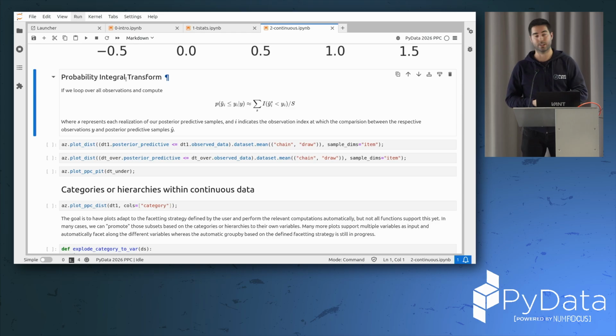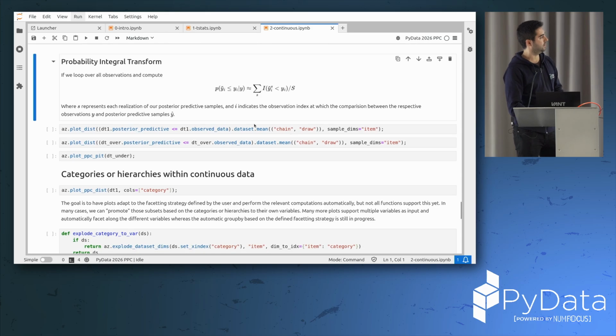I don't know if anybody is aware of this rule, but basically, if you compute this quantity, which is the probability or the percentage of posterior predictive samples that are lower than the corresponding observation, which is a scalar, because we are focusing on each of the given observations, this will have a uniform distribution. And that's a rule of statistics.